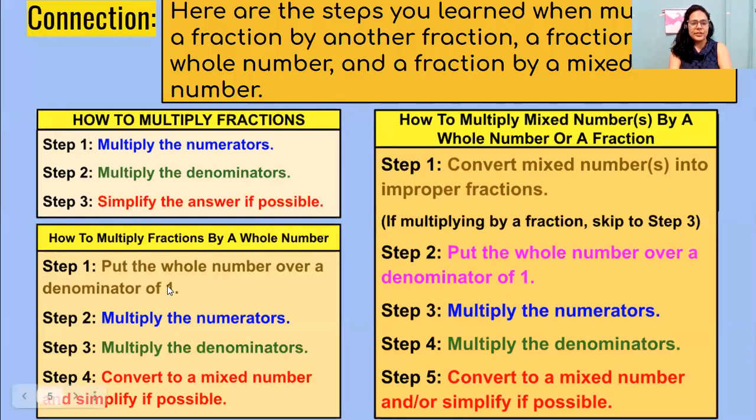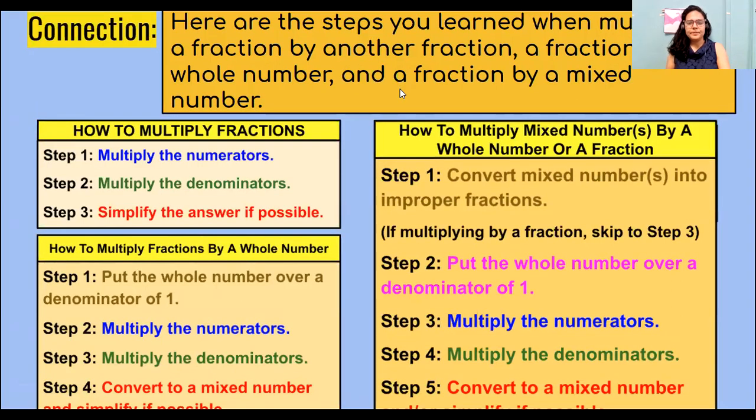When we multiply fractions by a whole number, we put the whole number over a denominator of 1, multiply the numerators, then multiply the denominators and convert to a mixed number and simplify if possible. And when we multiply mixed numbers by a whole number or a fraction, we convert the mixed number into an improper fraction, then put the whole number over the denominator of 1, multiply the numerators, multiply the denominators, convert to a mixed number, and or simplify if possible.